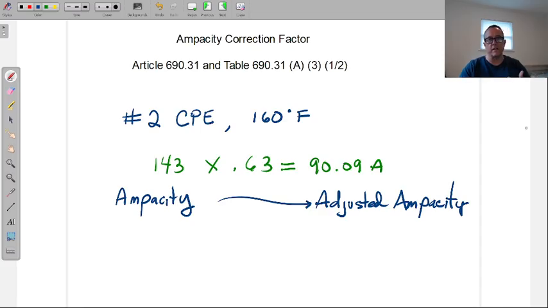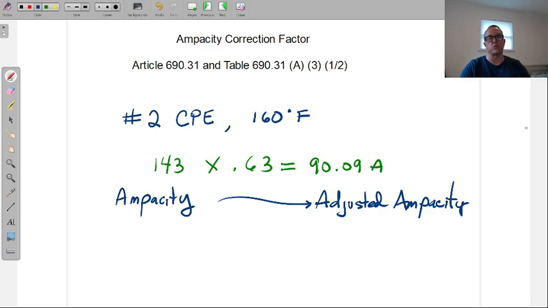It could be factored in because the wires or the equipment have gone into an area where there's a boiler, industrial hot conditions that can all factor in. So because of that, now this wire can't hold 143 anymore. So what do I do? I still want a wire that can hold 143.